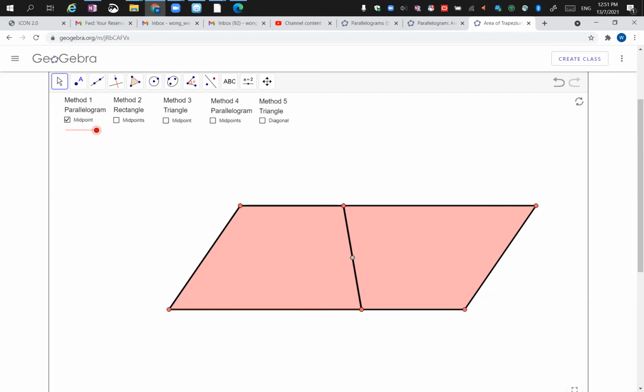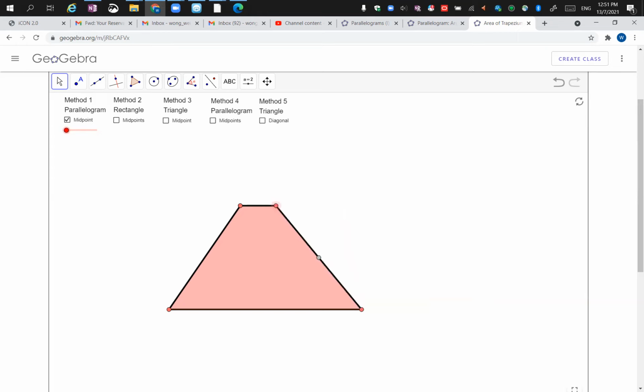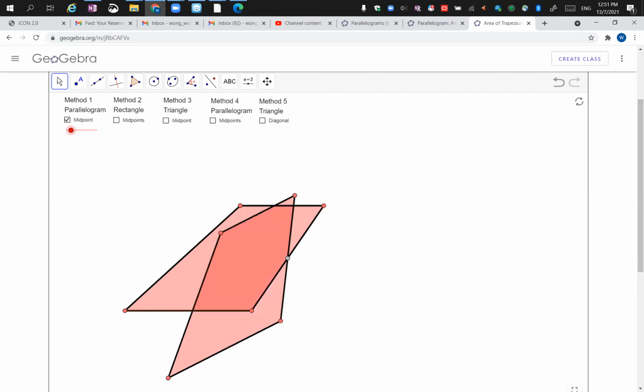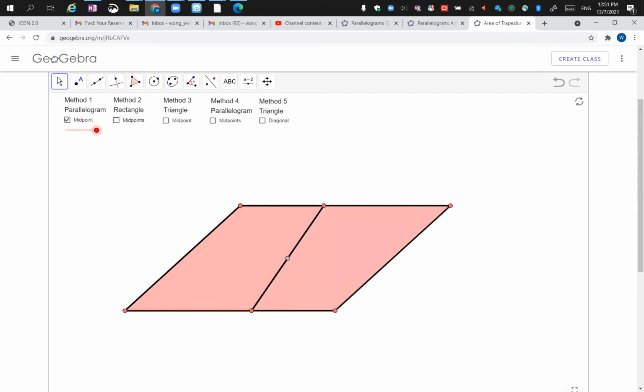Now what if our trapezium has a different shape? Let's make it look like this. Not a parallelogram, still different in length. Let me exaggerate a bit more. Not a parallelogram, different length. I'm going to duplicate it and I still get a parallelogram.